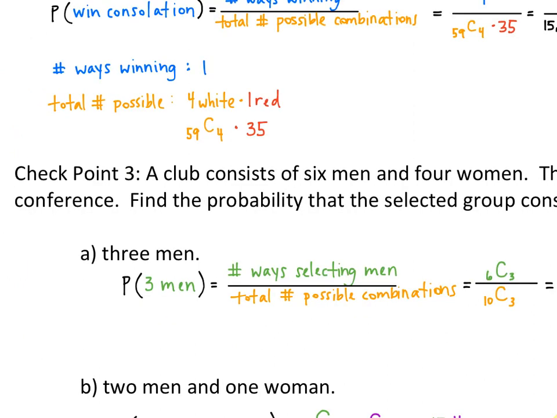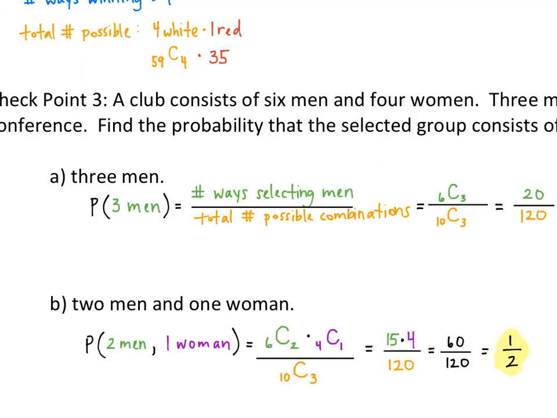Try part B on your own. What's the probability to select 2 men and 1 woman from this group? Okay, so see if you can get this set up, and then go through, finish the problem, and we'll check answers. This was a little different because our numerator dealt with men and women. So I wanted to know the probability of 2 men and 1 woman.